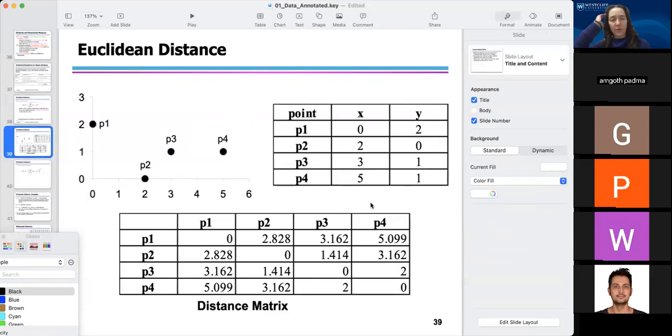So here's the situation. We are plotting the data objects into space. So here we have points 1, 2, 3, and 4.